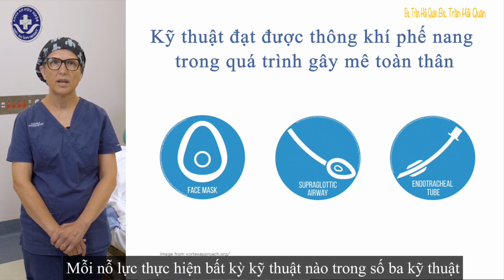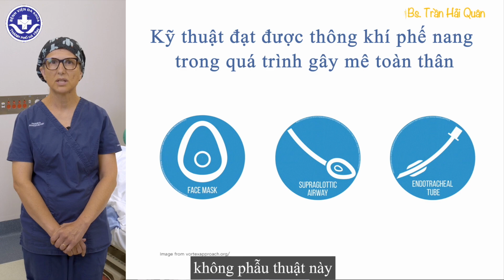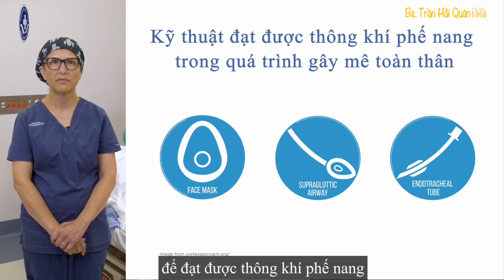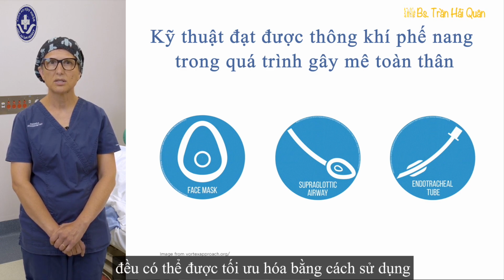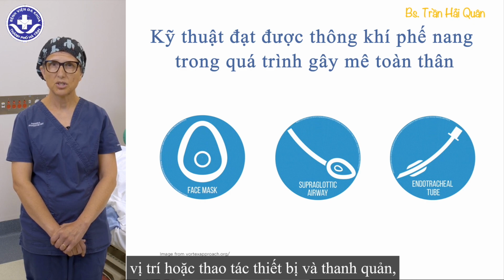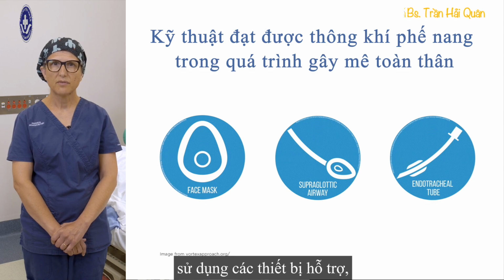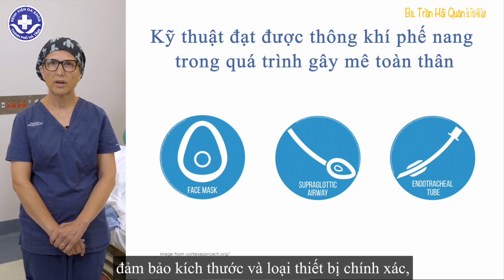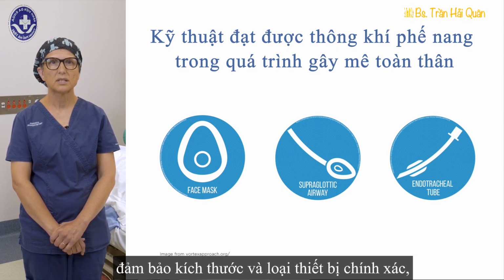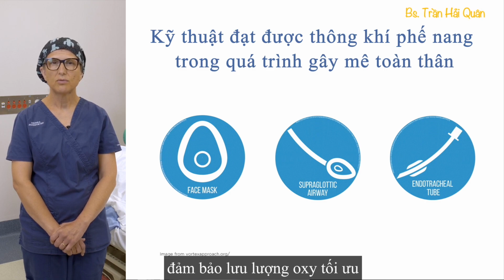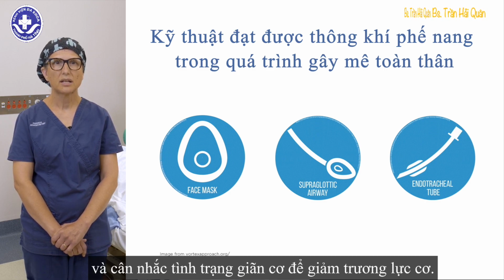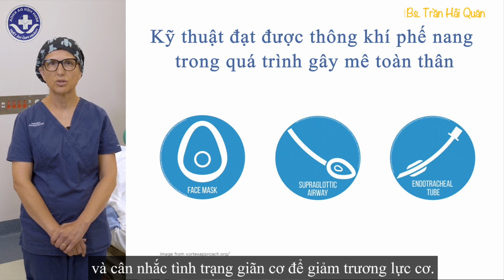Each attempt at any of these three non-surgical techniques for achieving alveolar ventilation can be optimised with the use of positioning or manipulation of the device and larynx, the use of adjuncts, ensuring the correct size and type of equipment, ensuring optimal oxygen flow, and the use of suction and consideration of paralysis to reduce muscle tone.